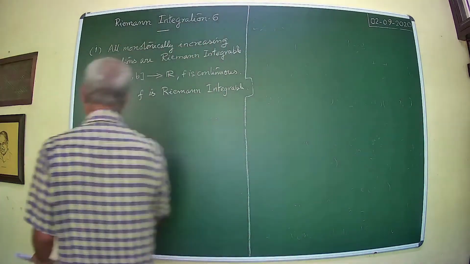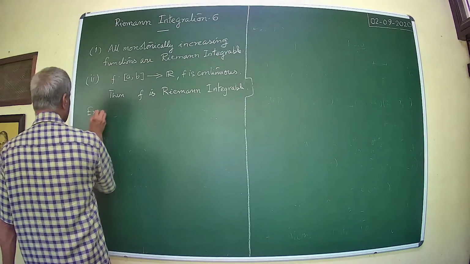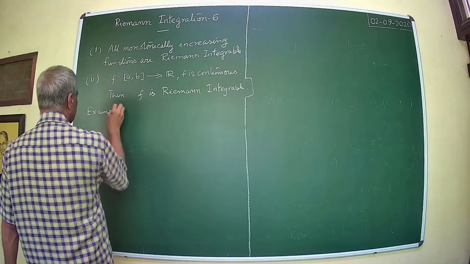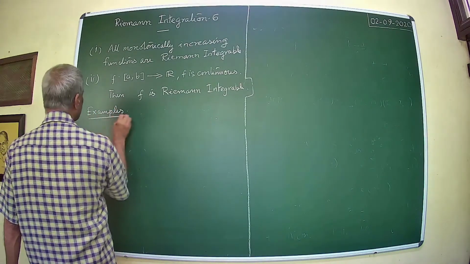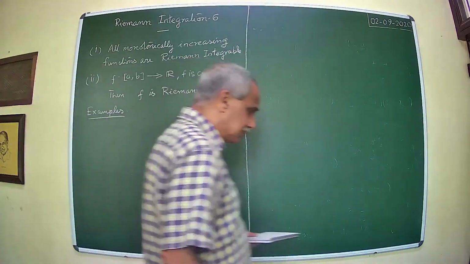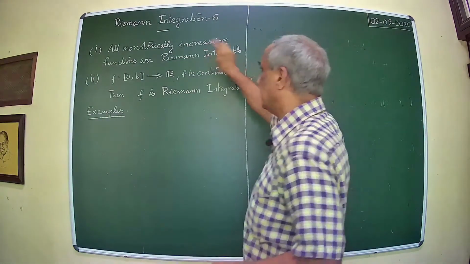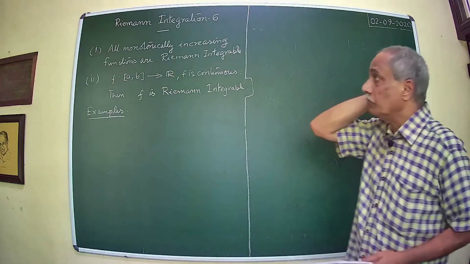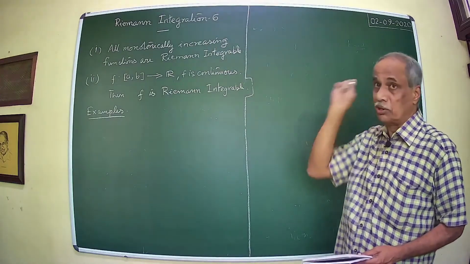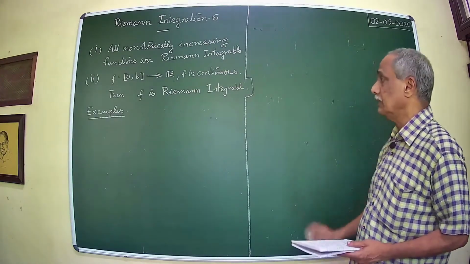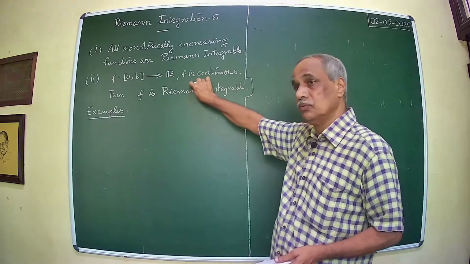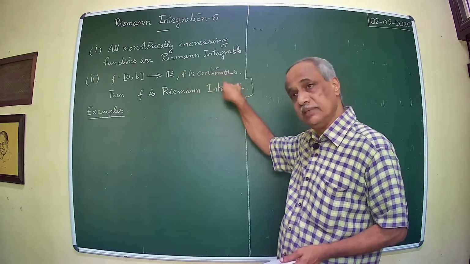Let us look at some examples. Because in the first criterion, we imposed monotonicity. In the second criterion, we imposed continuity.